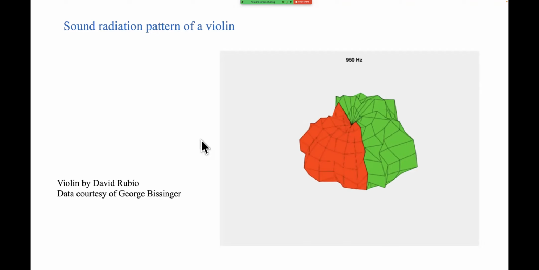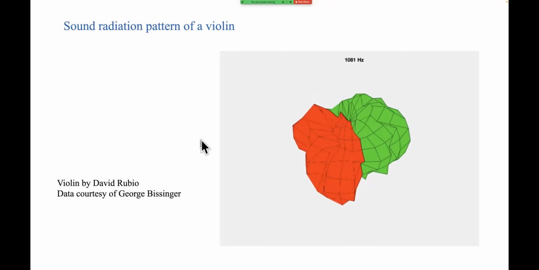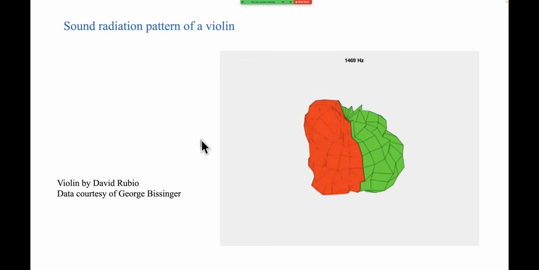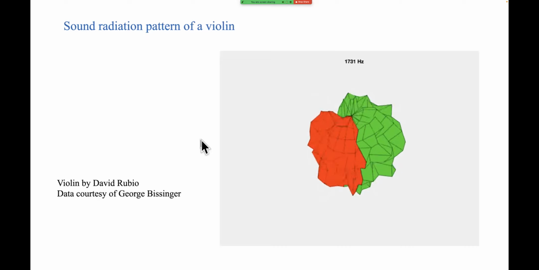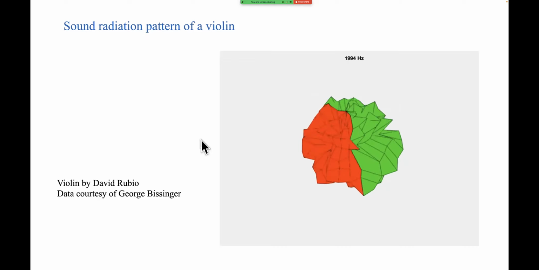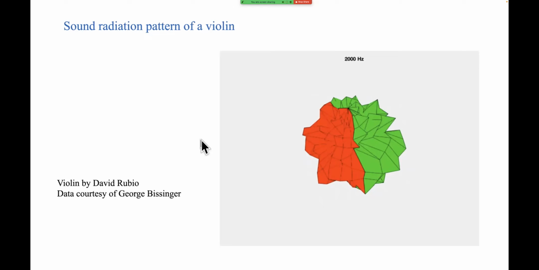But now, underneath all this heaving and twitching, the shapes are getting progressively more complicated. That's because the frequency is going up, the wavelength is going down, and the radiation pattern of the instrument is being influenced by those interference patterns that we talked about earlier.